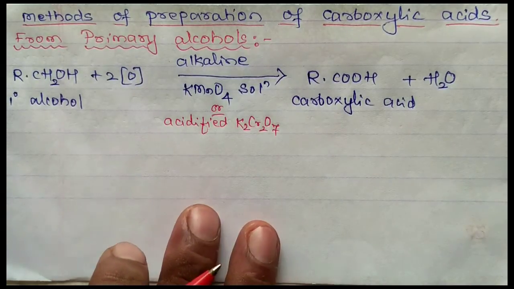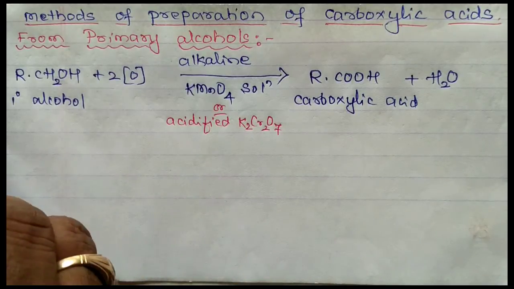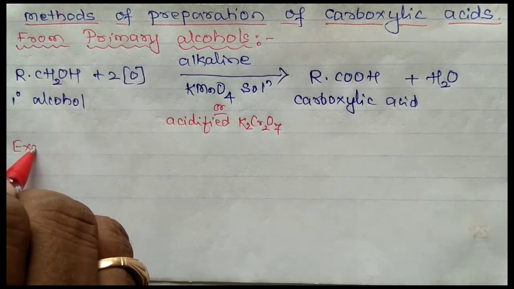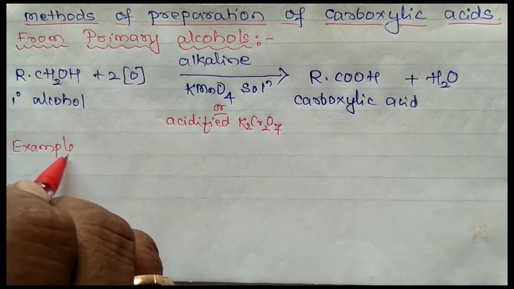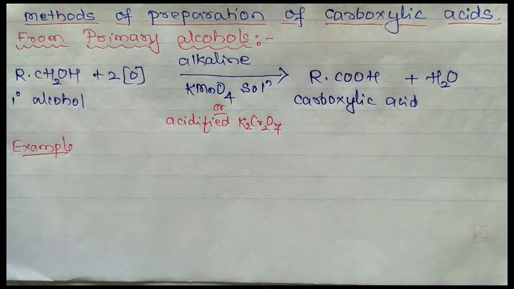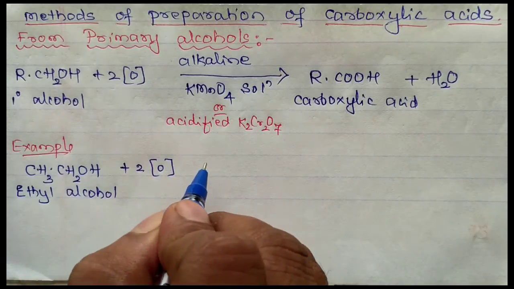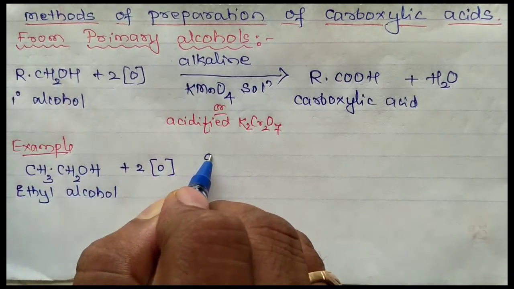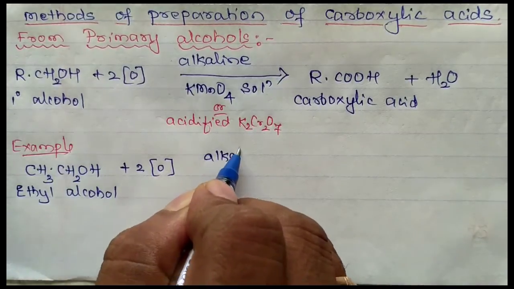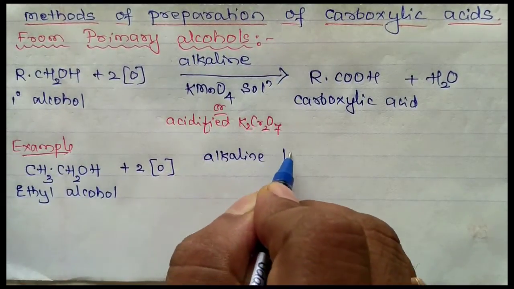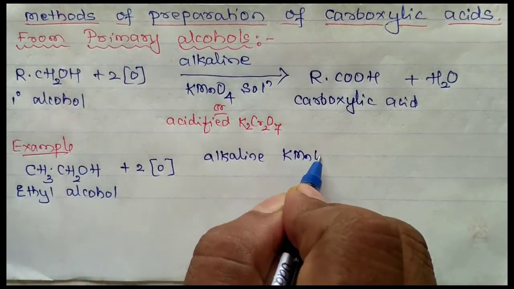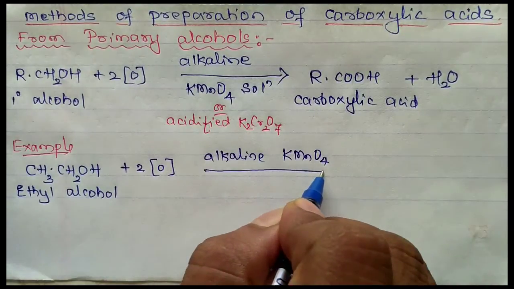Example: ethyl alcohol is heated with alkaline potassium permanganate solution, alkaline KMnO4 solution.